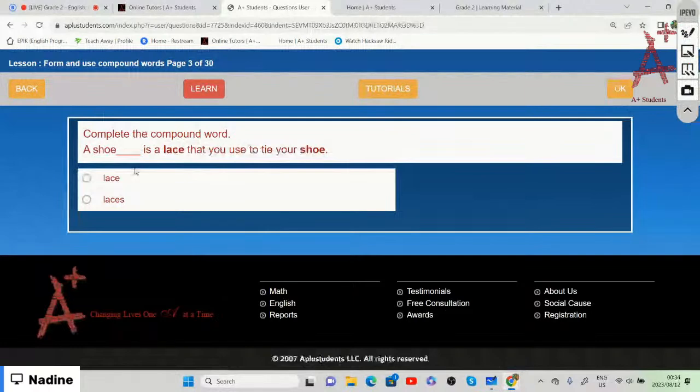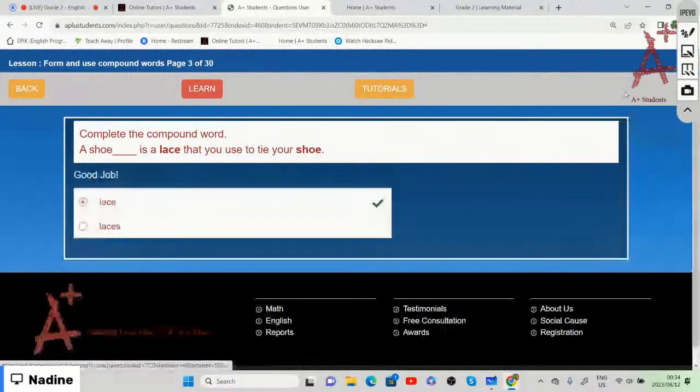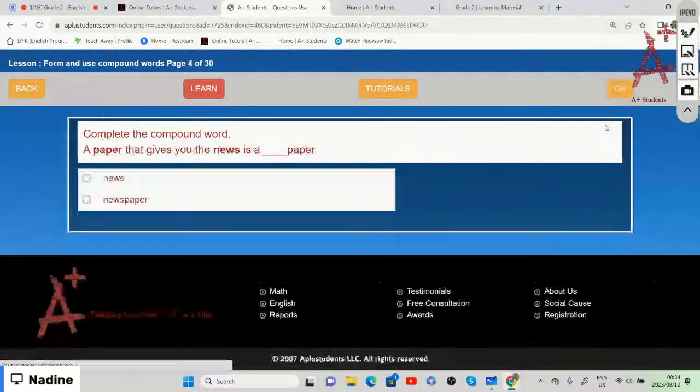All right, so basically a shoelace is a lace that you use to tie your shoes. Shoelace. Not a shoelaces, because a refers to one, right? So if we have the word a, then it's as if it is making reference to one thing, person, place, animal, idea.